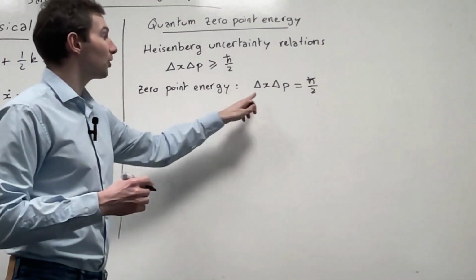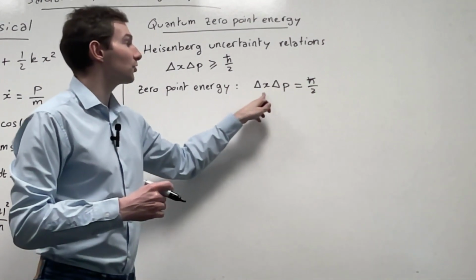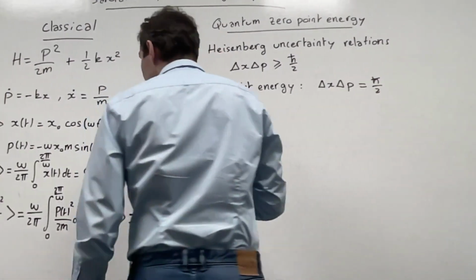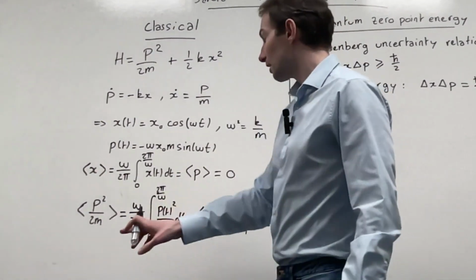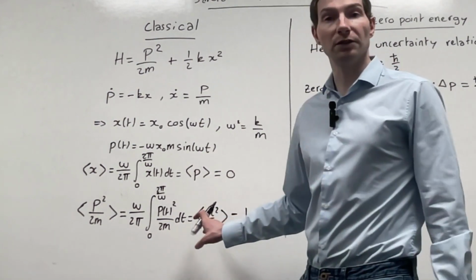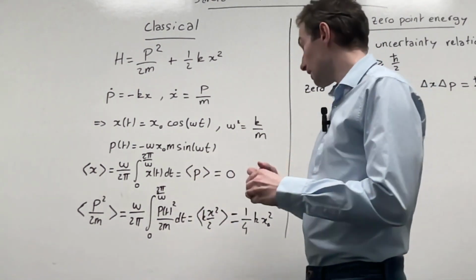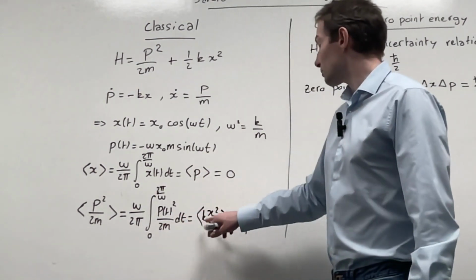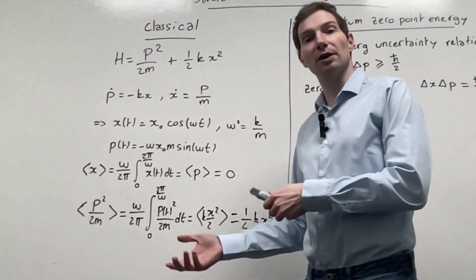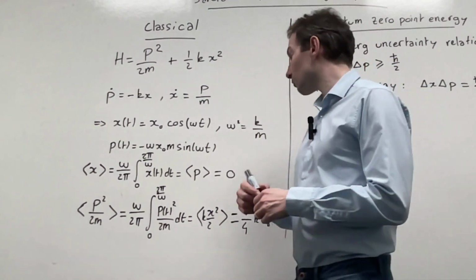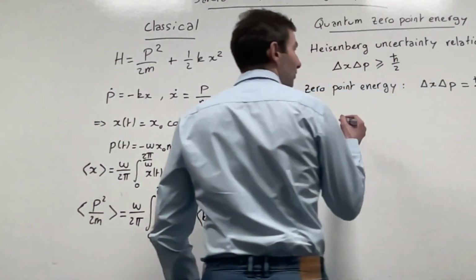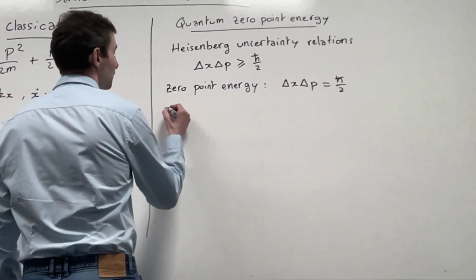Then I've got here an equation that is going to relate delta x to delta p. But as it turns out, I also have an equation that relates the expectation value of p squared and the expectation value of x squared. The expectation values of x squared and p squared correspond to delta x squared and delta p squared, and the reason why is because of the definitions.